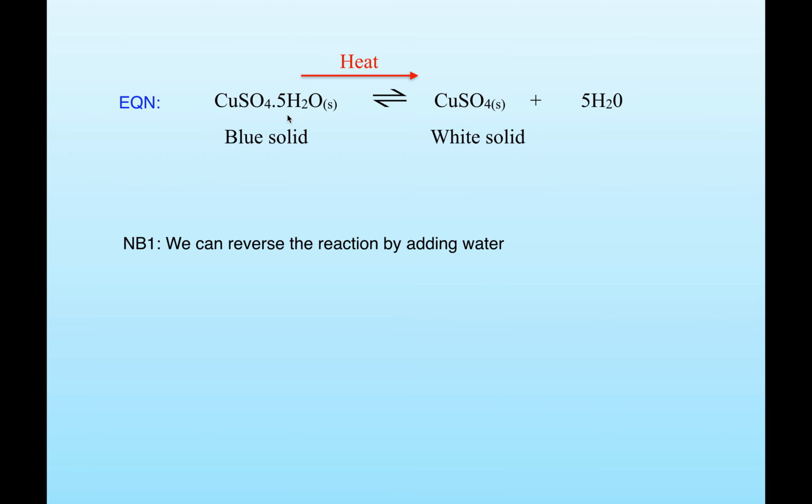It's a reversible reaction. This reaction can be used as a chemical test for water. So if we've got some liquid that we think might be water, and we add it to the anhydrous copper(II) sulfate, then if it goes blue, there's a good chance that that liquid was water.